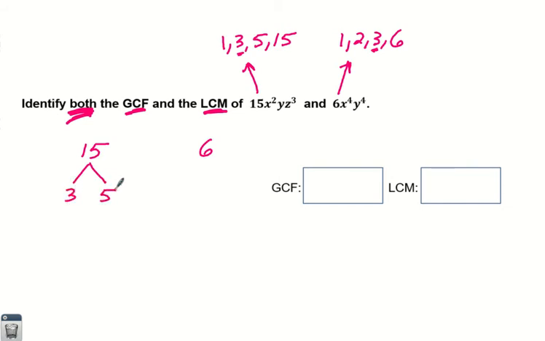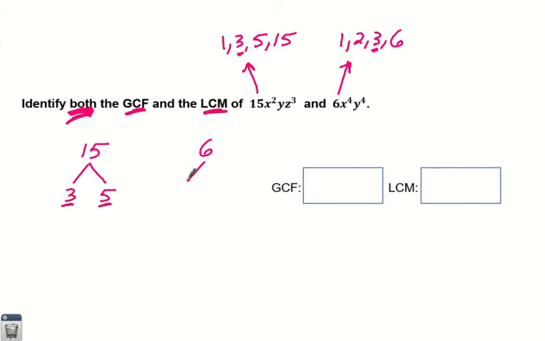So 15 I can break down into 3 times 5, and that's it, people. Wow. The 3 can't be broken down anymore in a way that counts, and the 5 can't be broken down anymore in a way that actually counts, because 3 and 5 are prime.